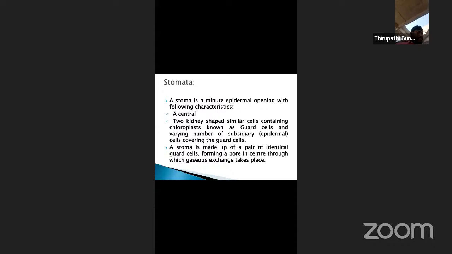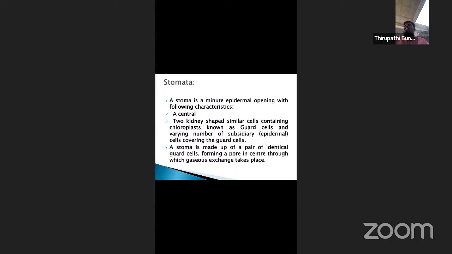Next, stomatal types. Commonly we observe four structural types. Generally, the guard cell shows a kidney shape in dicotyledons.